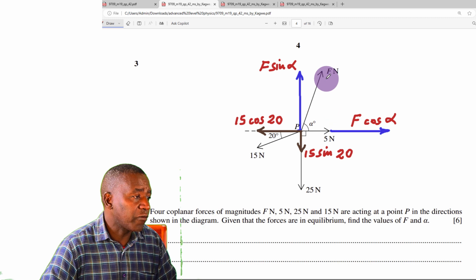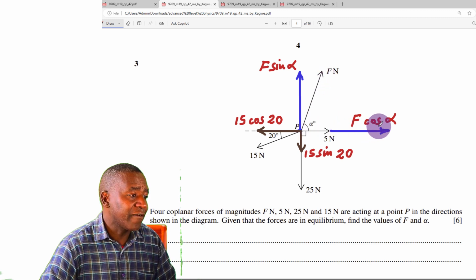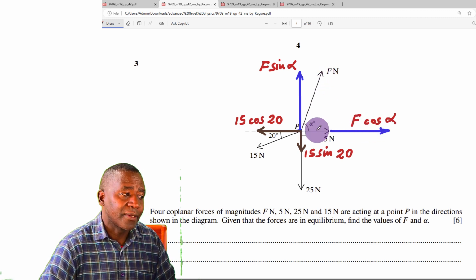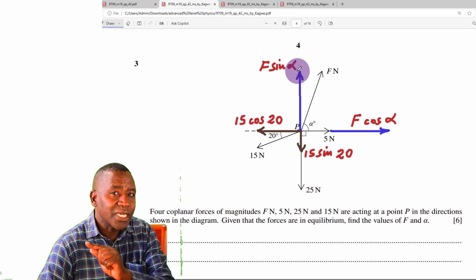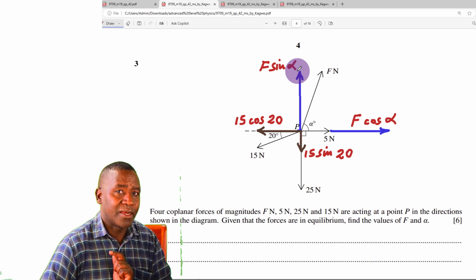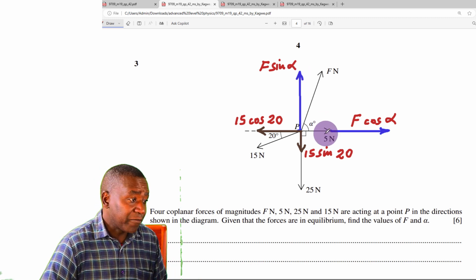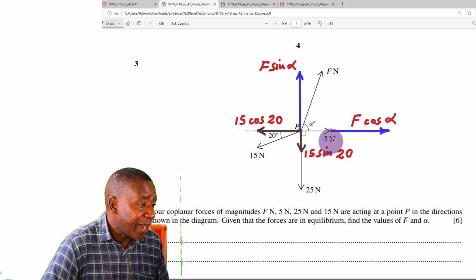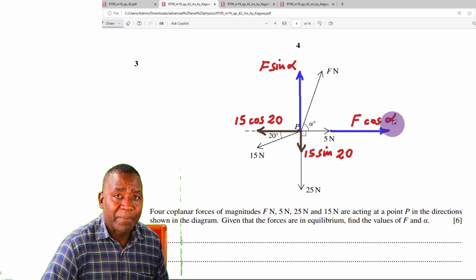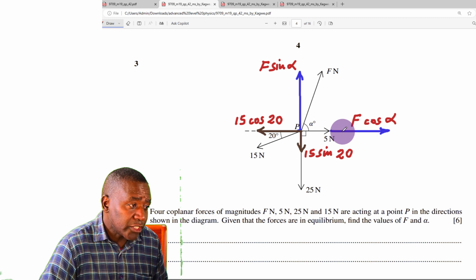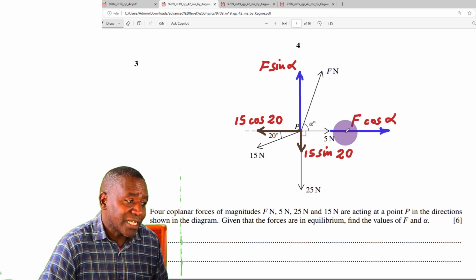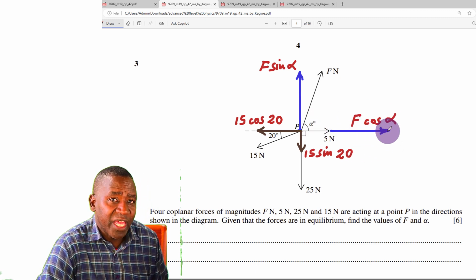The component of F horizontally will be F cos alpha. And its other component in this direction will be F sin theta. One is always a cosine, the other one is always a sine. All right? And now I'm going to add 5 plus F cos alpha in that direction in order to get the resultant force to the right, which will be F cos alpha plus 5.